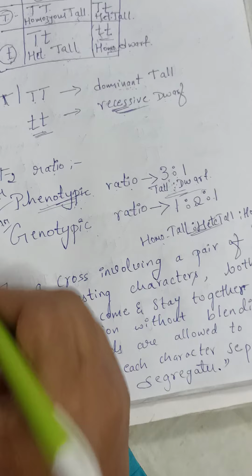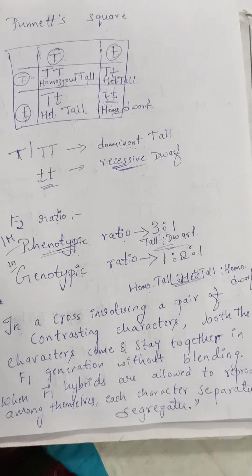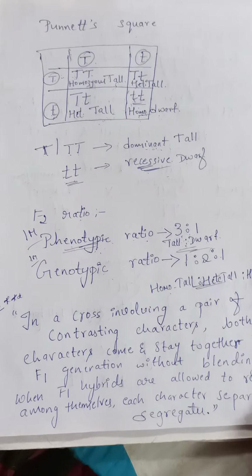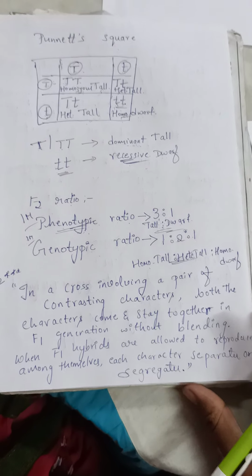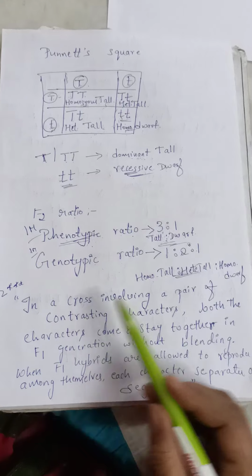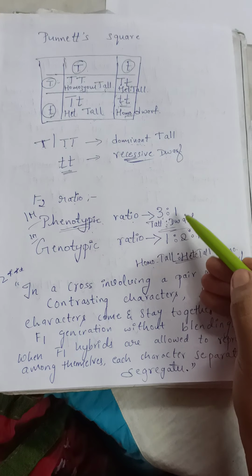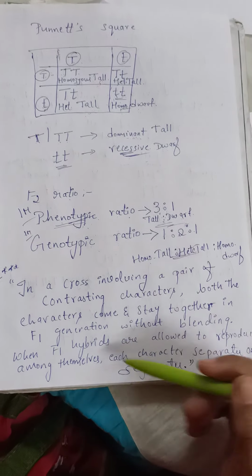So this is the statement of law of segregation or law of purity of gametes. It seems to be lengthy, but it is not that difficult. That means if you have understood all these crossing steps, it is very easy to write.